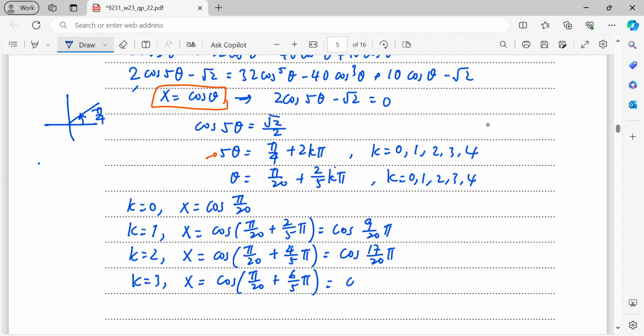That is cos 5 over 4 pi. Okay, last k value to get the last x. Then here you will get cos 33 over 20 pi. So done for this question.